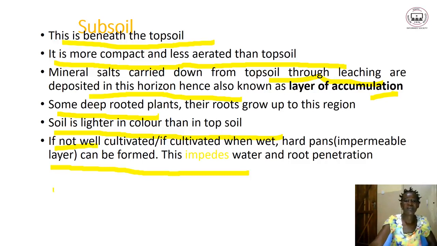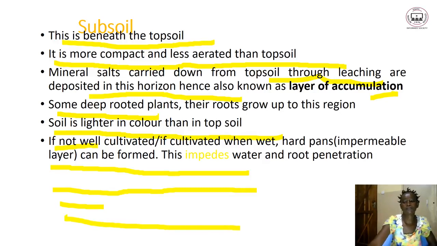And if it is not well cultivated, or if it is cultivated when it is wet, some hard pans start to develop. These hard pans, we're talking of impermeable layers, make water and root penetration difficult.